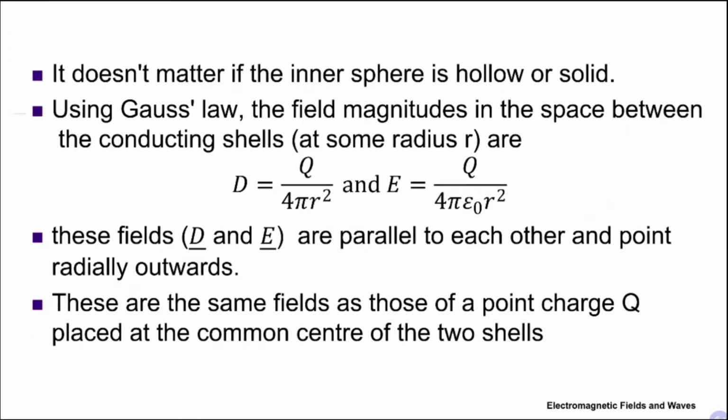Okay, using Gauss's law, we find that D will be equal to Q over 4 pi R squared. And then you can find the electric field, which is Q over 4 pi epsilon naught R squared.